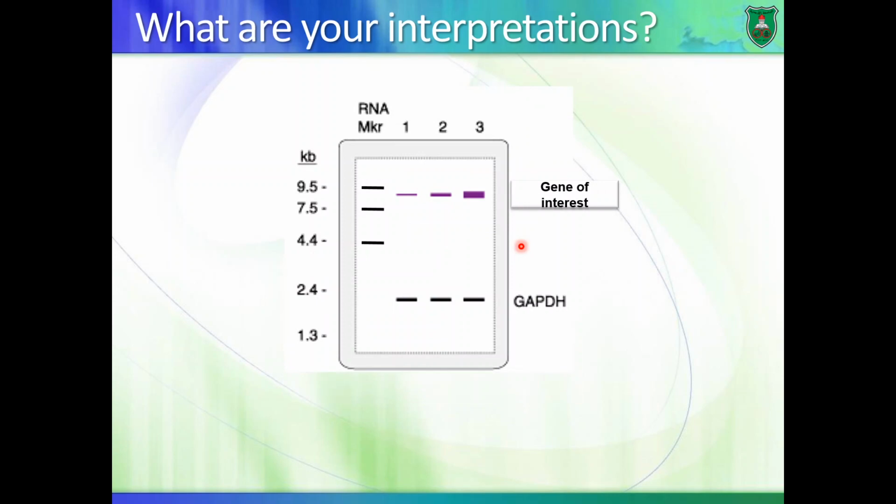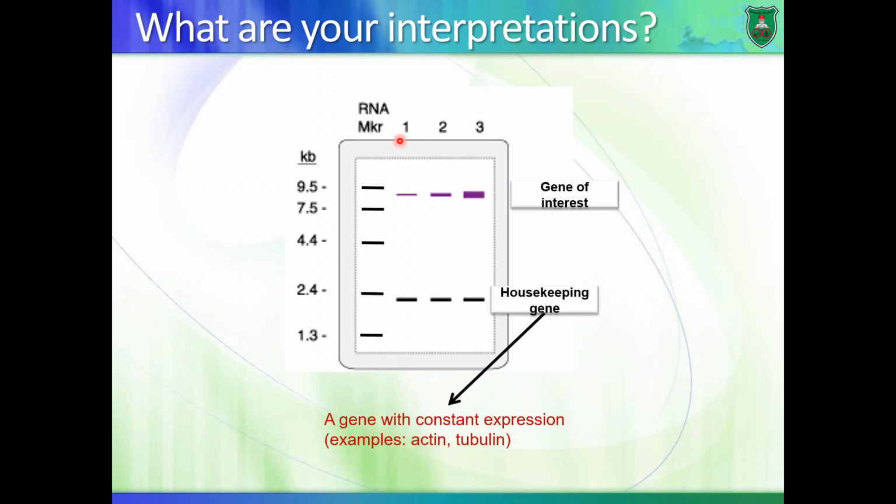So let's look here. Now, what do we see in here? We have 3 samples, 1, 2, 3. This is the molecular weight marker. We know the sizes of RNA molecules in this sample, and we can compare them to the messenger RNA that exists in these samples. So let's look here. We have sample 1, sample 2, sample 3. So what do we see?